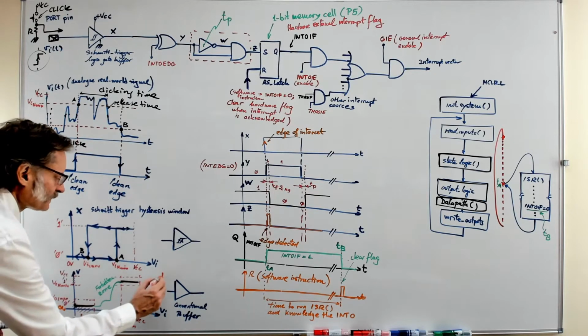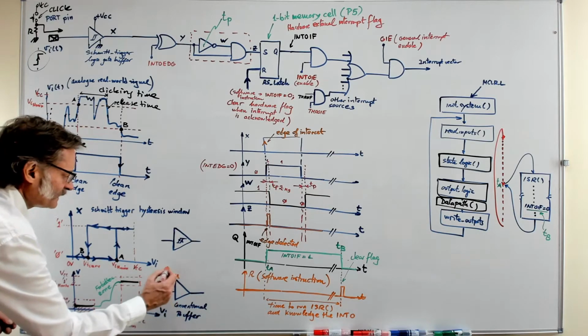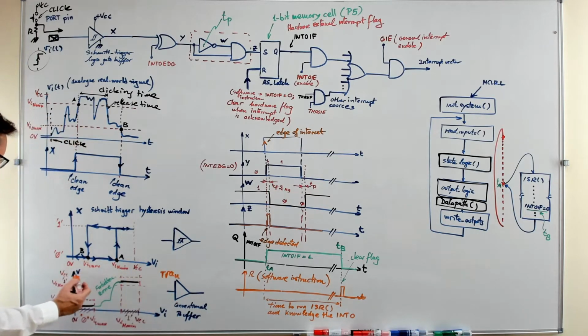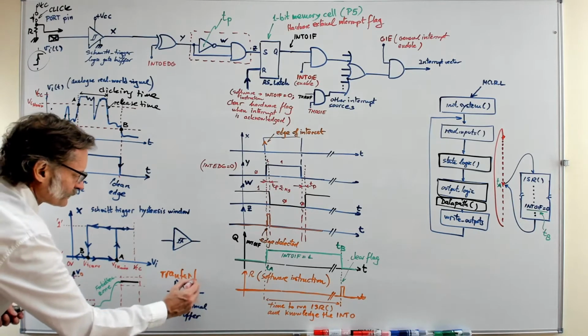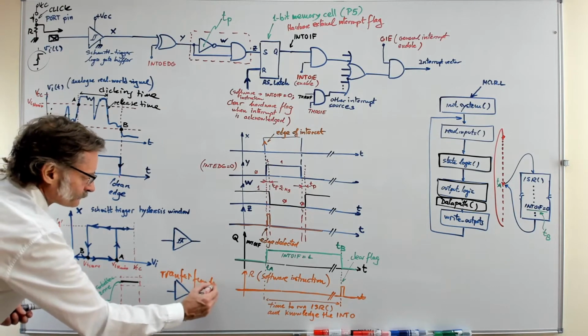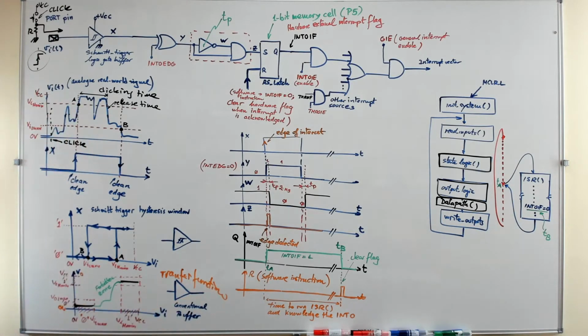That is the typical V0, Vi transfer function, from one of the gates that we are usually using, from P1 and P2 and so on.